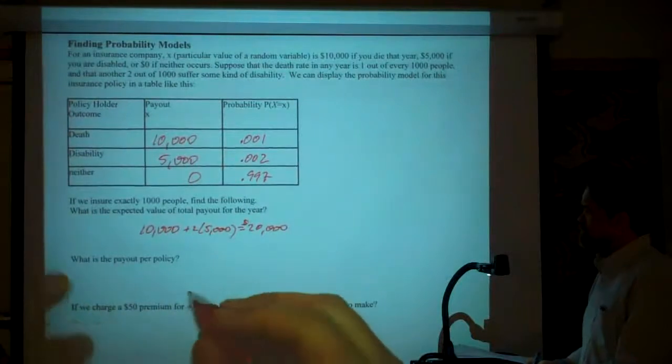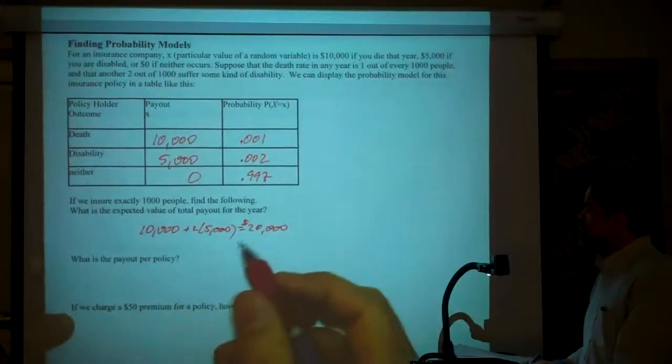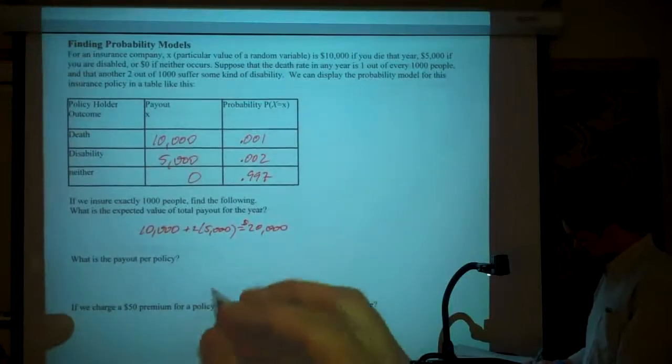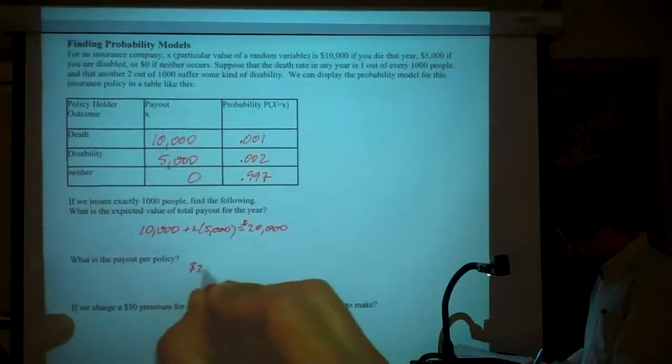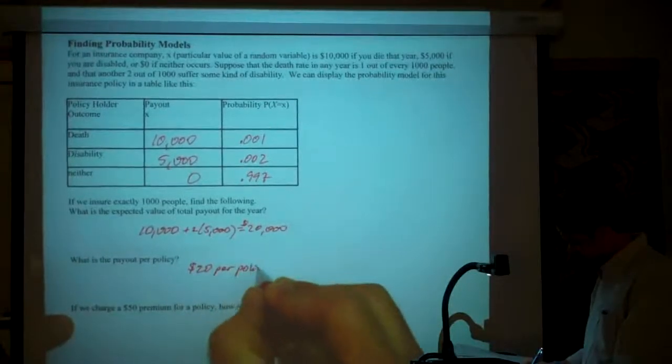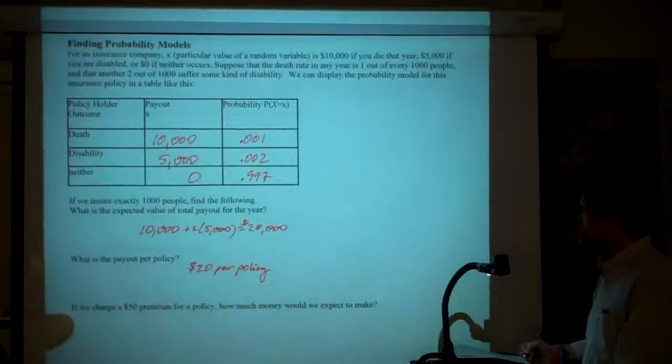And the next question asks, what is the payout per policy? Well, if I've insured 1,000 people and I'm expecting to pay out $20,000, that would be $20 per policy. Okay?